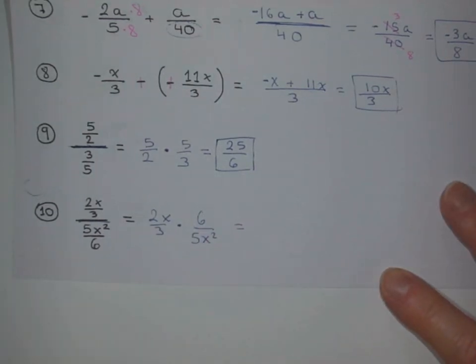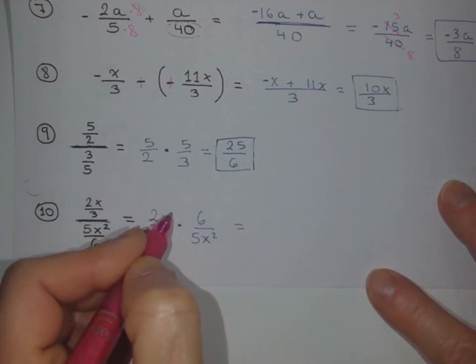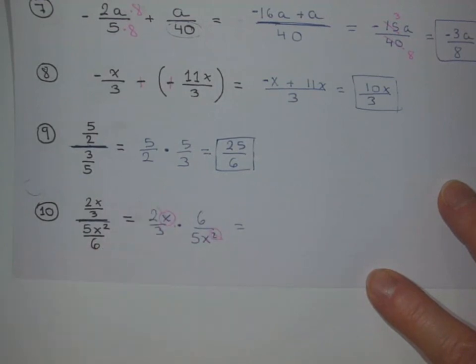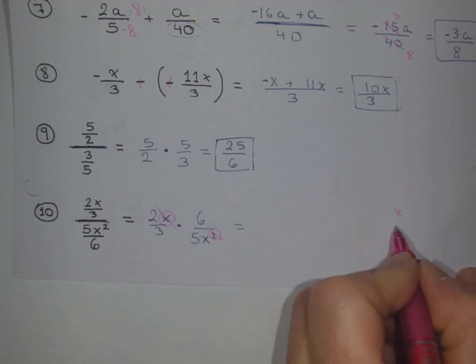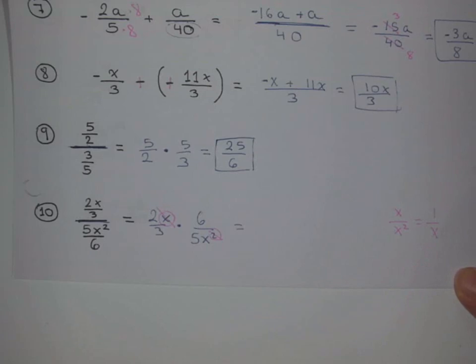Now, I want to see if I can cancel anything. An x over an x squared, the square will go, and the x is gone. I keep one of those x's though, because we have x over x squared, that will be 1 over x. So no more x on the top, but we have 1 left down here.